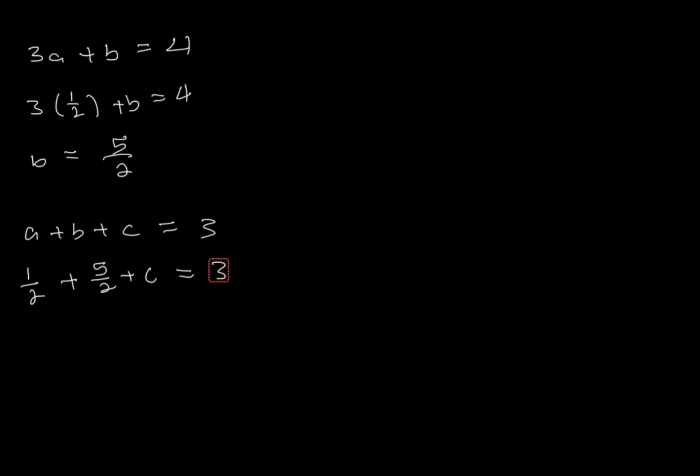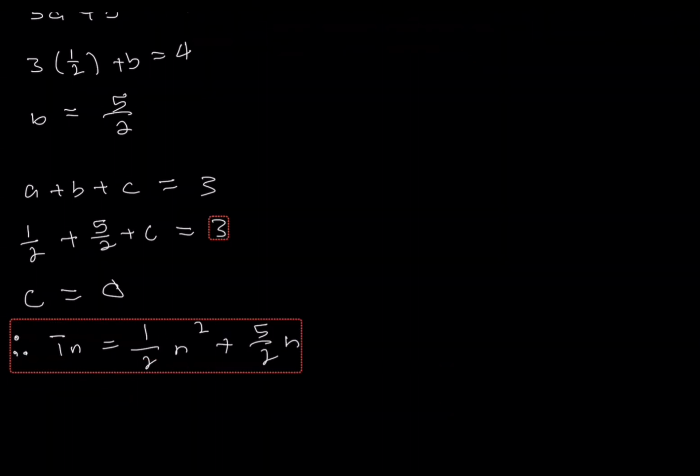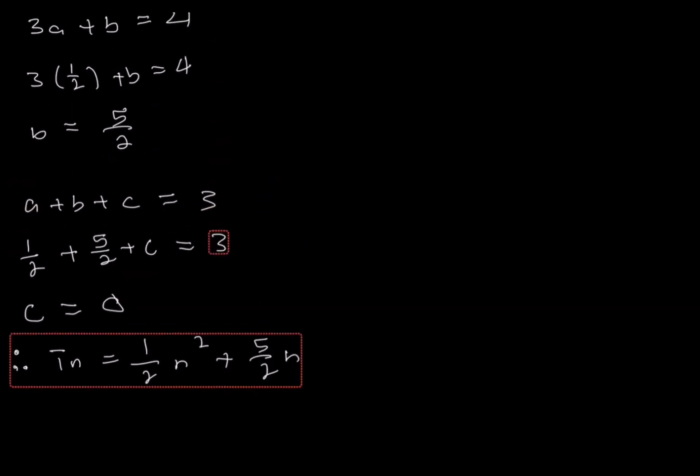Getting this, we are going to get c as 0. Therefore, Tn is actually equal to 1 over 2 n squared plus 5 over 2 n plus 0. Therefore, you have proven to them that Tn is equal to that.